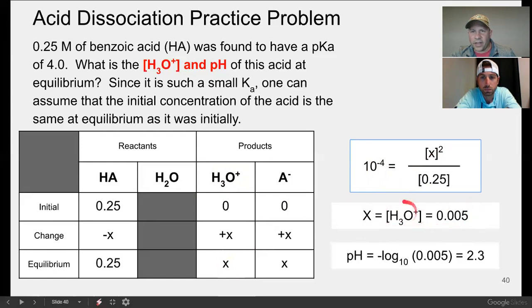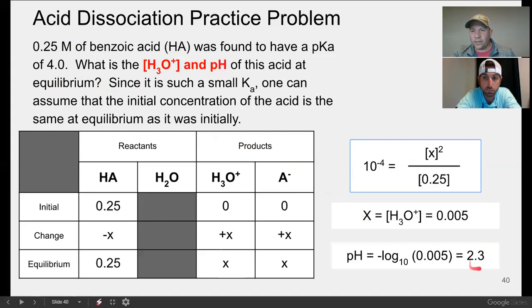And if that's our H3O plus, if we take the negative log of that H3O plus, we end up getting 2.3 as our pH. Sorry, not pKa. So if I had this benzoic acid at 0.25 molar and dissolved it in water, and stuck a pH meter in there, that pH should be around 2.3, which remember below 7 is acidic.